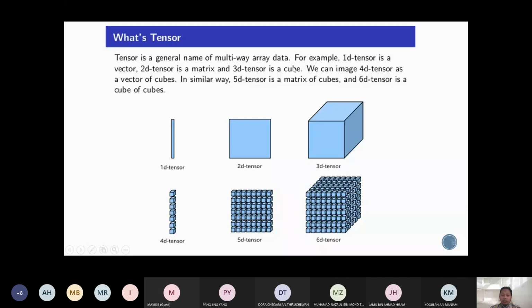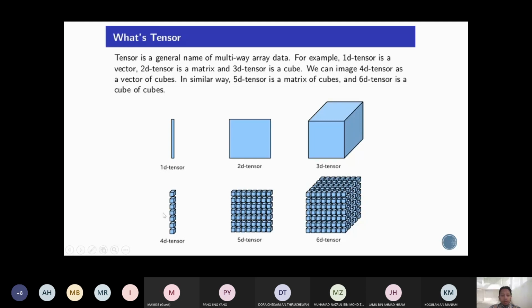Last week we learned about vectors. A vector is actually a one-dimensional tensor, an array of data that has only one column. A regular matrix can be thought of as a two-dimensional tensor. We also have a three-dimensional tensor, which can be thought of as a cube, and these cubes can be stacked on top of each other to become a four-dimensional tensor.